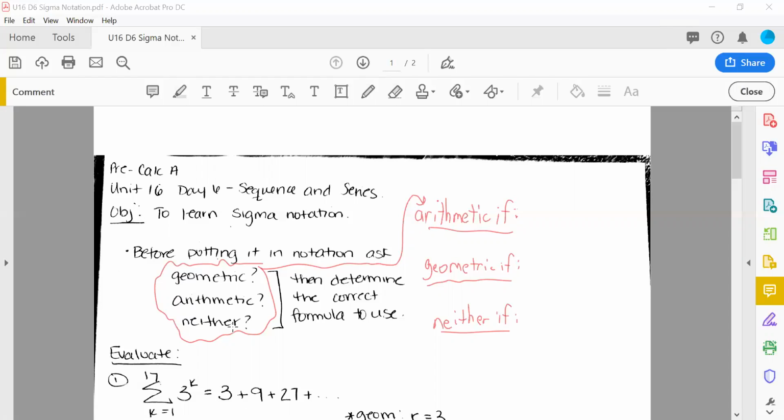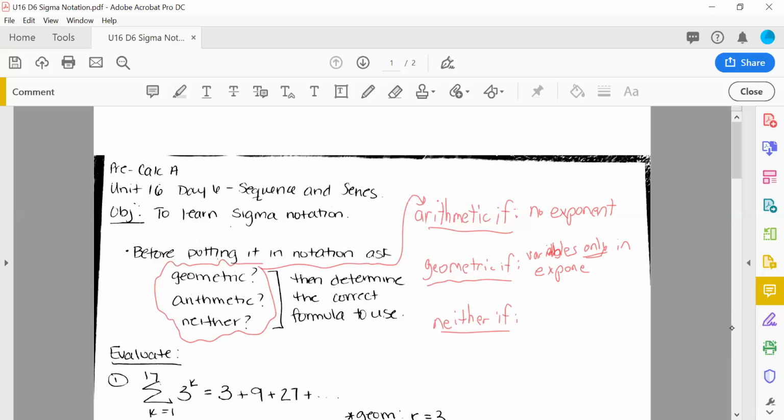All right, so I made a little side note here. Pattern is arithmetic. When you look at it, if you see no exponents whatsoever, you got yourself an arithmetic pattern. It's geometric if you see exponents, but I'm going to write this: variables only in the exponents.